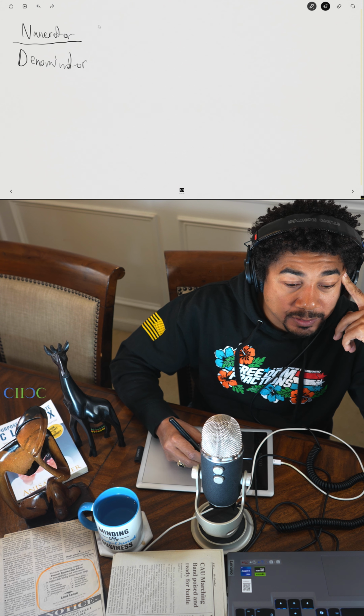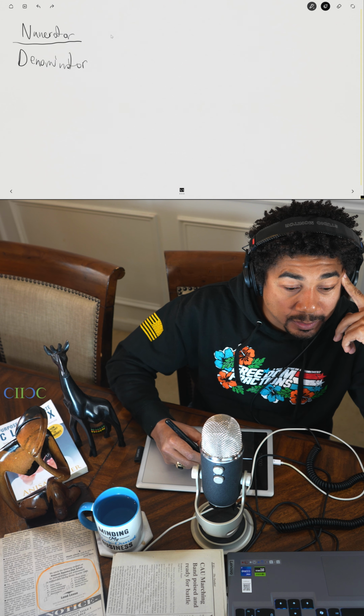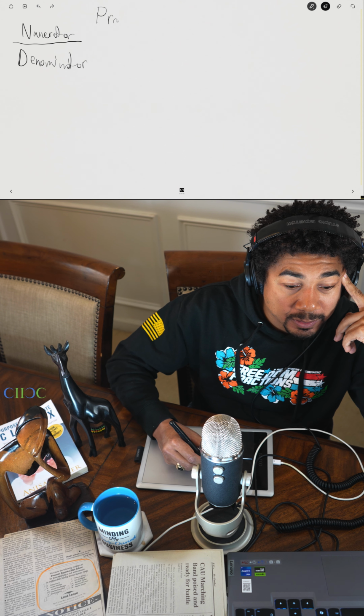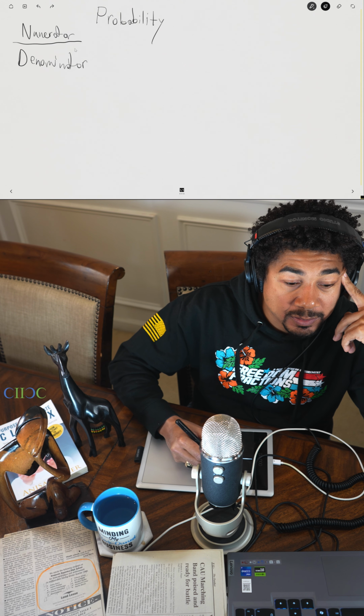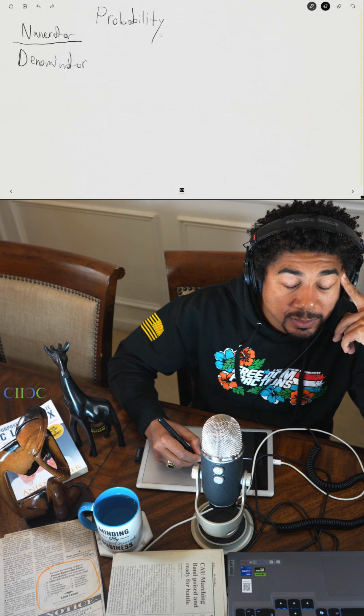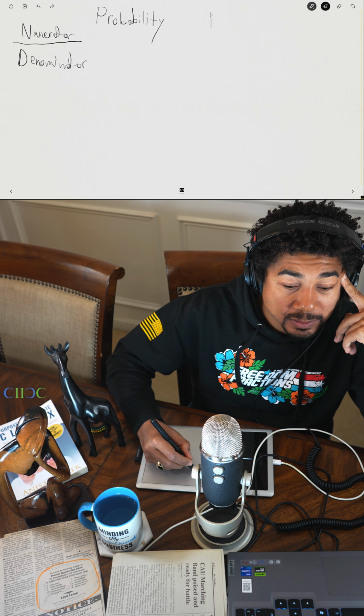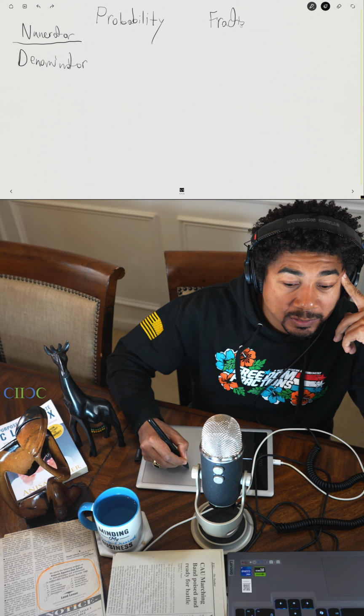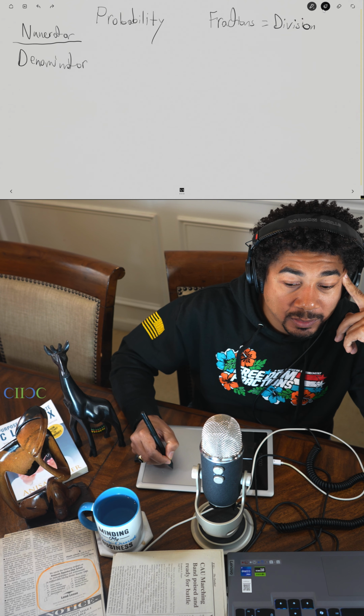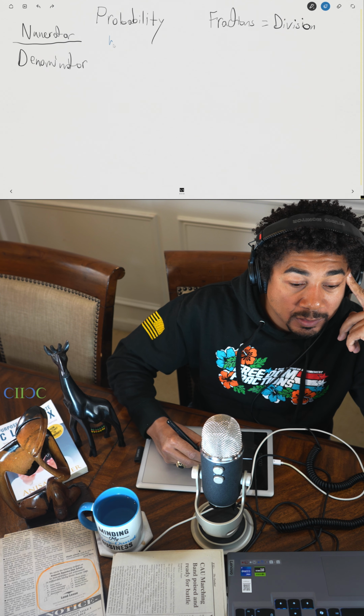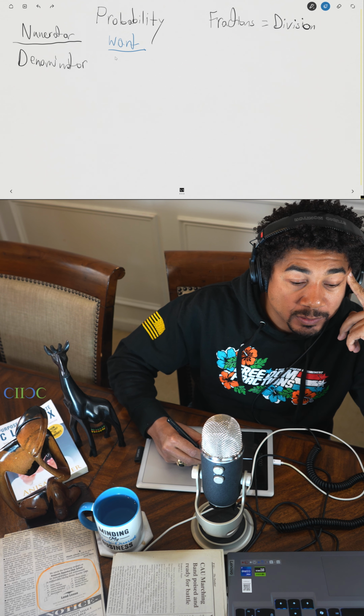So I usually teach this in the context of probability, and probability is a great way of thinking about this. Also, if you notice, this is a fraction bar or a division bar. If you think about this in terms of probability, there's what you want over what's possible.